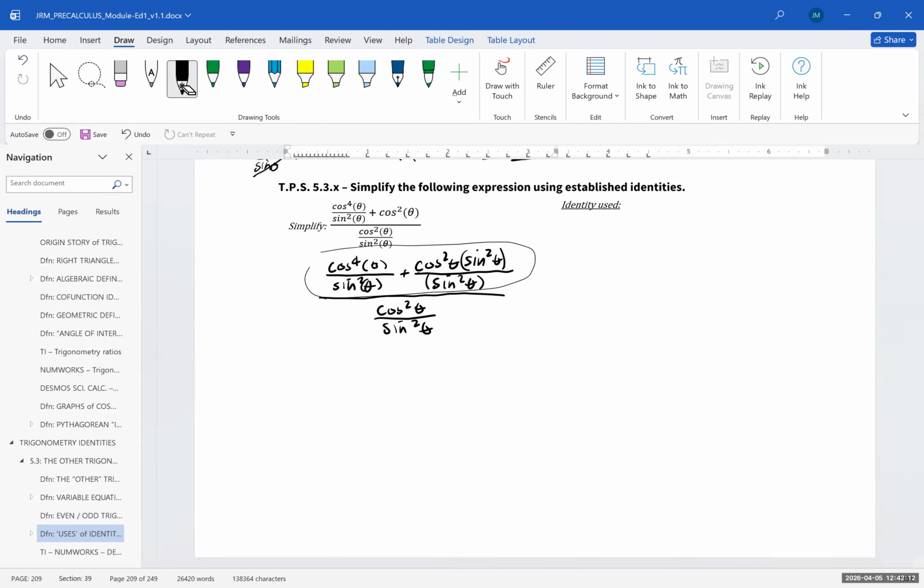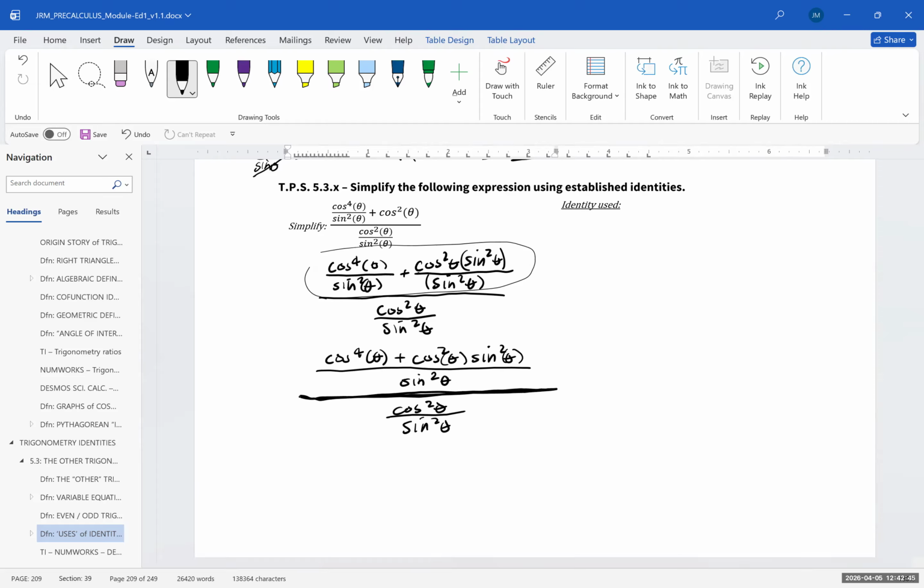Okay, so let's consolidate. We've got cosine to the fourth theta plus cosine squared theta times sine squared theta all over sine squared theta, all over cosine squared theta over sine squared theta.